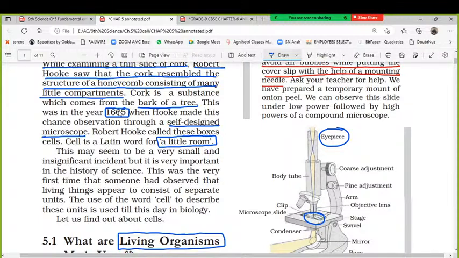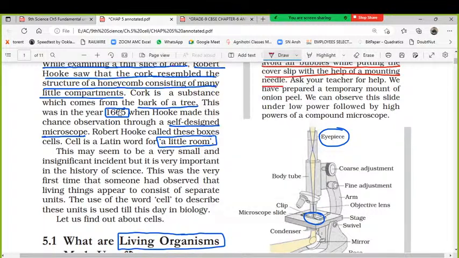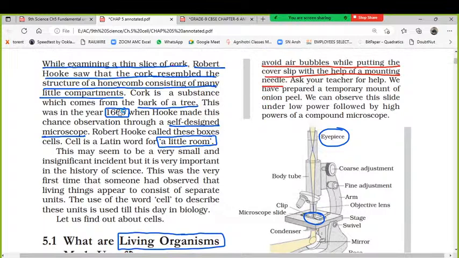From that bark we get this slice of cork, and when Robert Hooke saw it, it resembled the structure of a honeycomb, which has many little compartments. That is why it was named cell, because cell means a little room in Latin, and that is why it was given the name cell at that time.